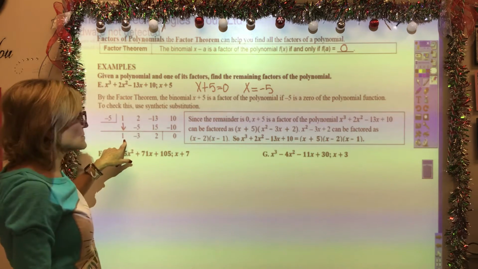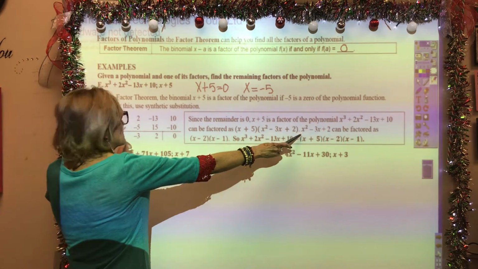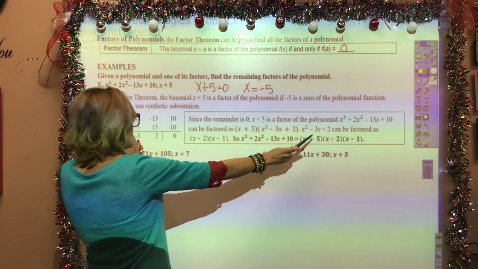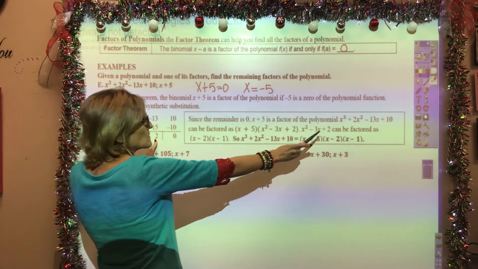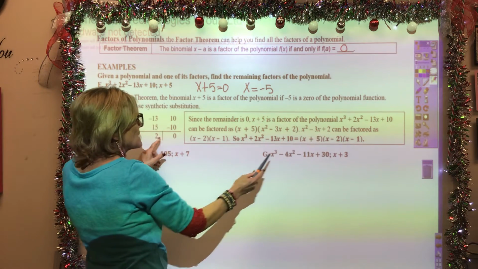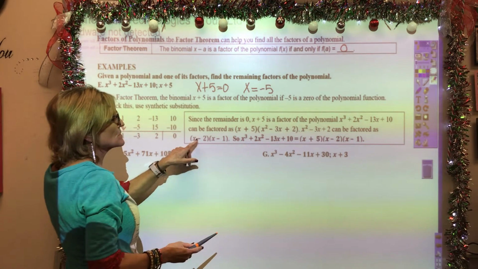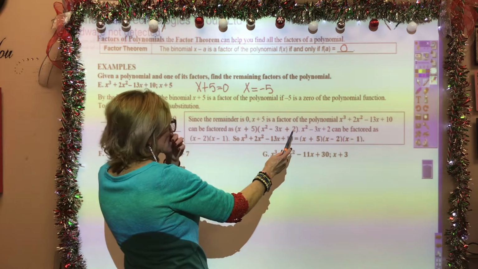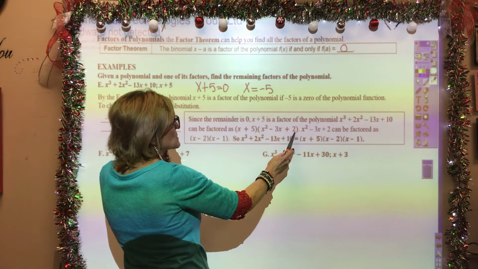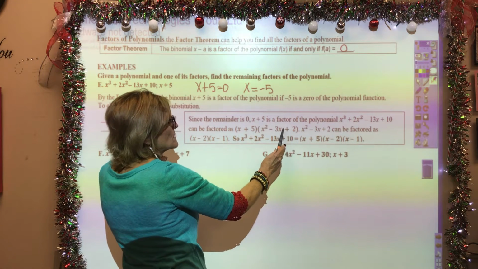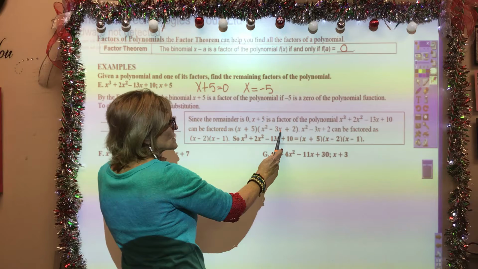So this is x squared, which is right here, minus 3x, which is right here, plus 2, which is right here. This can be factored as x minus 2 times x minus 1, because negative 2 times negative 1 gives us 2 and adds to negative 3.